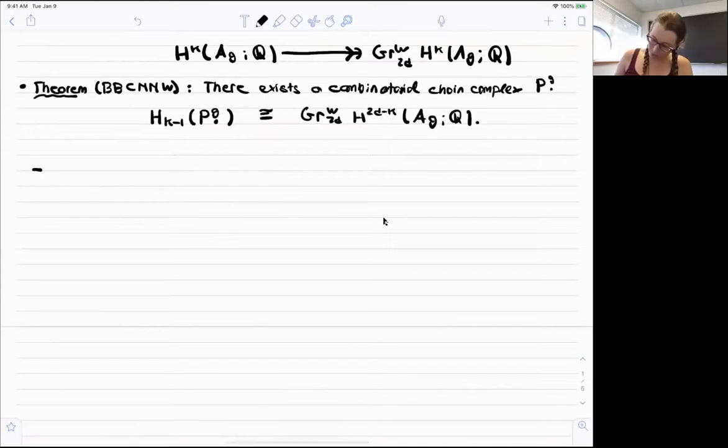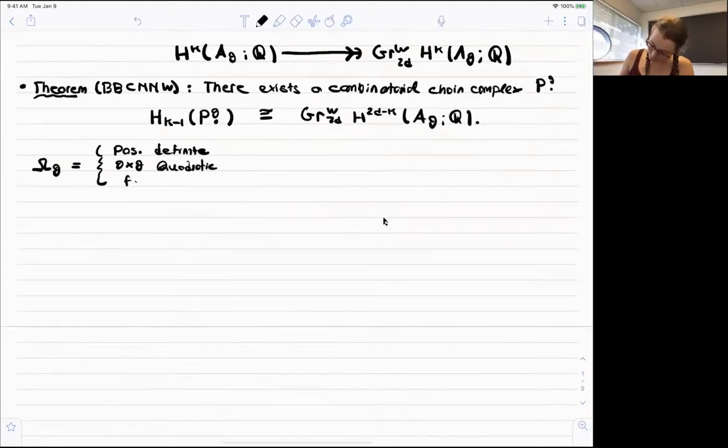So from now on, omega lower G is going to be the set of positive definite G by G quadratic forms over the real numbers.